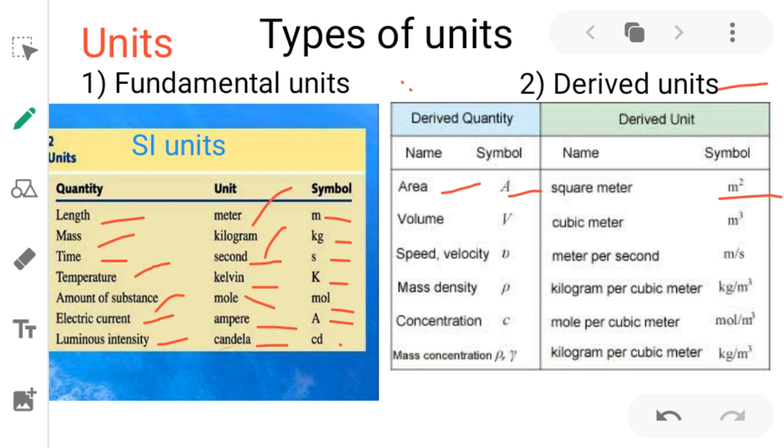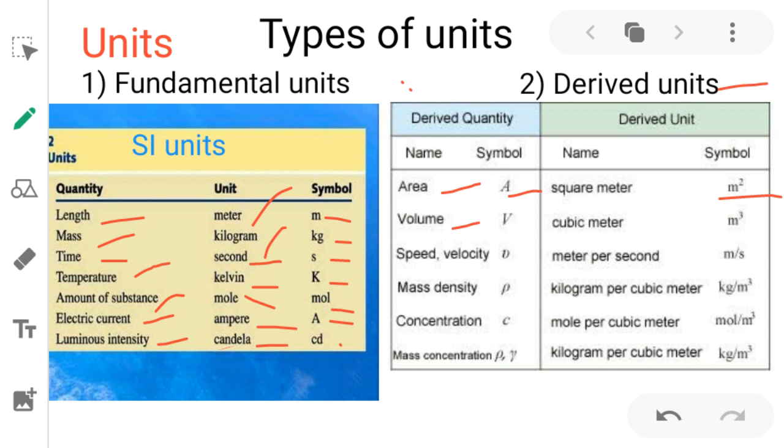For area we have to multiply meter and meter itself, meter into meter, which means there are two fundamental units. Hence, a quantity having two or more fundamental units is considered derived, so area is a derived unit.